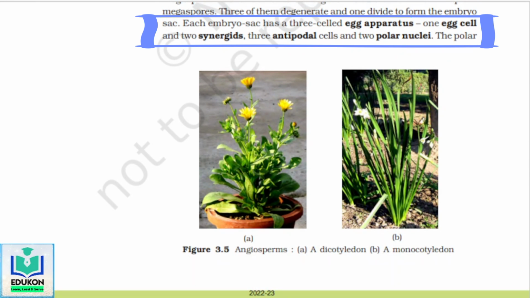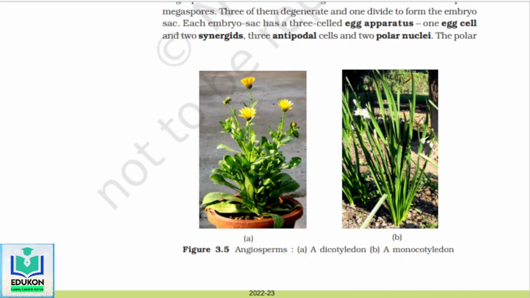Each embryo sac has a 3 celled egg apparatus, one egg cell and 2 synergids, 3 antipodal cells and 2 polar nuclei. So remember this, 3 of them degenerate, 1 divides to form the embryo sac. And you see the difference in the plants, that is angiosperms, in figure 3.5.